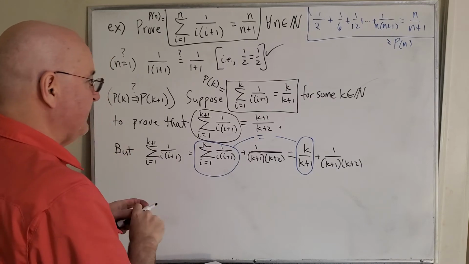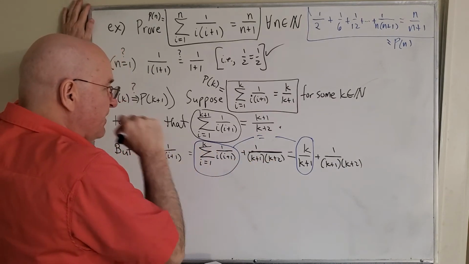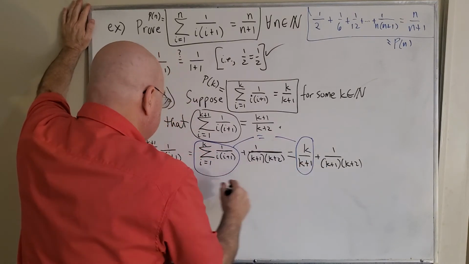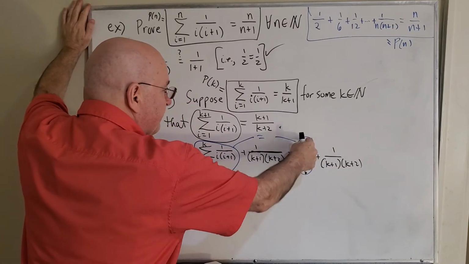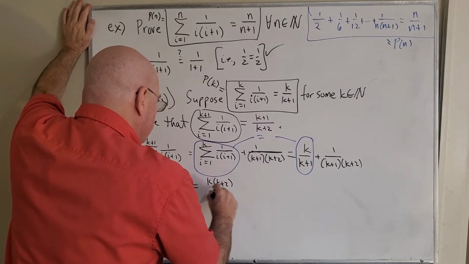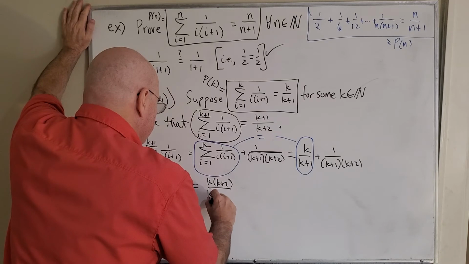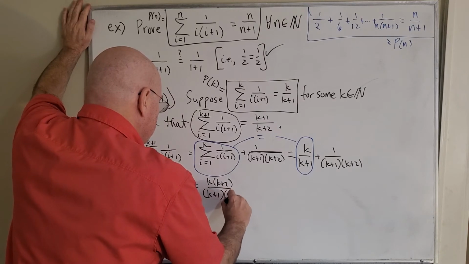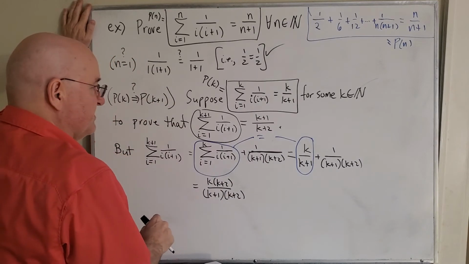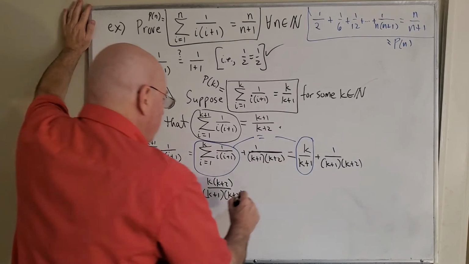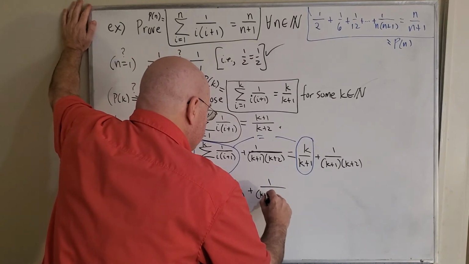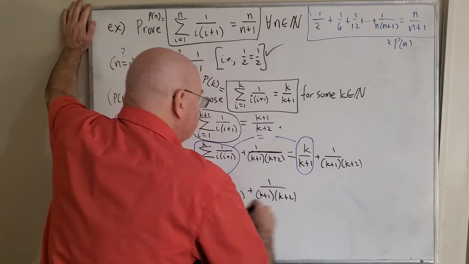All right, let's see what we get now. Let's get a common denominator. I've got k plus 1 in both of them, so I need to take the first one and multiply by k plus 2 over k plus 2. So all I did is multiply k plus 2 over k plus 2 with the first fraction, plus 1 over k plus 1 times k plus 2.